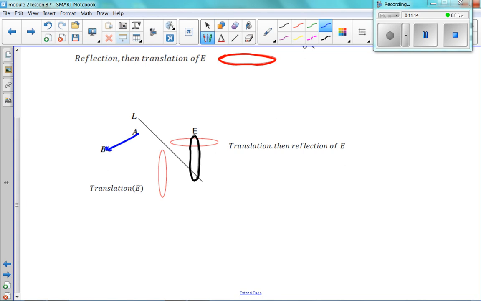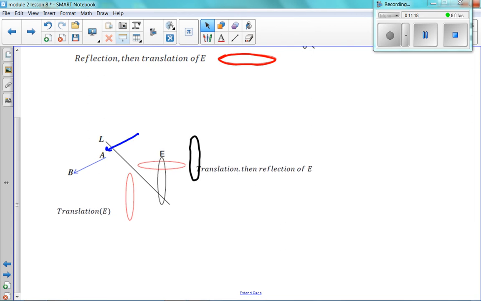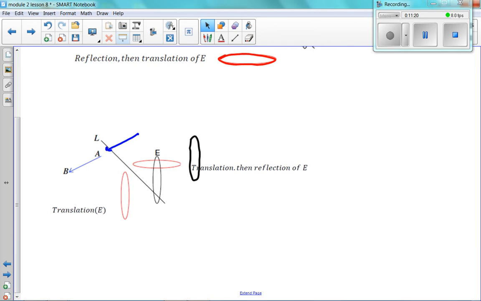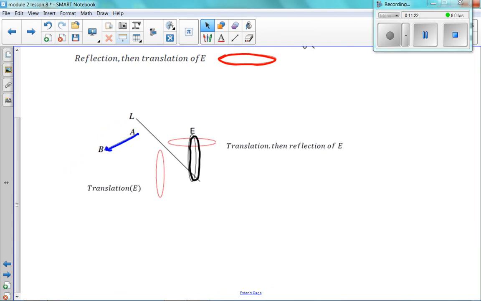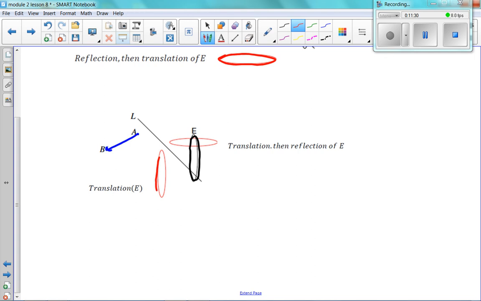So it slides down. You'll see it better on your transparency, but E moves to the translation. And now flip your transparency over line L. Reflect it over line L, and it winds up here.